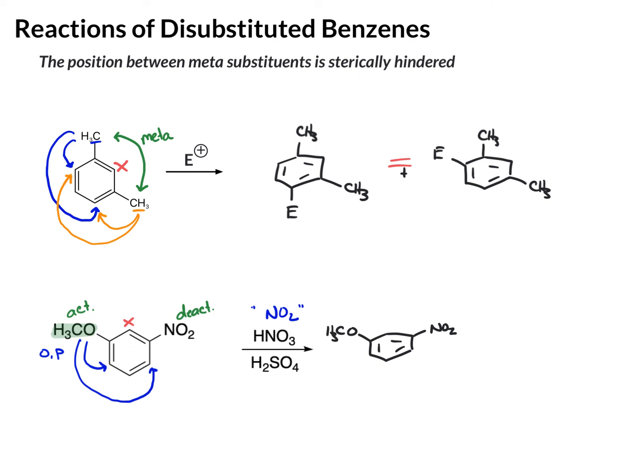We'll have a product where the new nitro group is ortho to the methoxy, and then a second product, and in that one the new nitro group will be para to the methoxy.